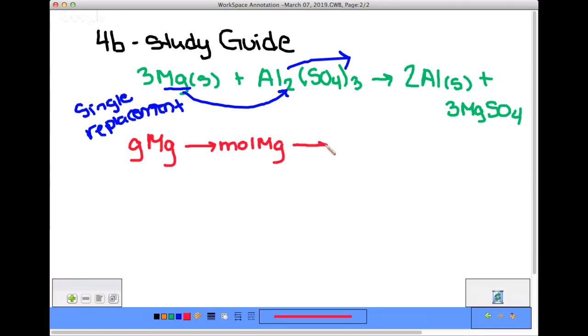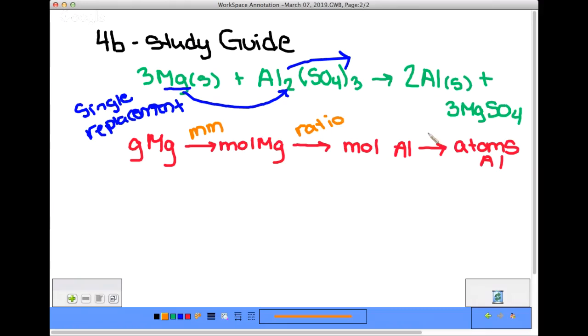Then we can find moles of aluminum, and once we find moles of aluminum, we can find atoms of aluminum. To do each step, this would be our molar mass, this would be our ratio of moles to moles, and this right here would be Avogadro's number. So we have our molar mass of magnesium, a ratio of magnesium to aluminum, and then we plug in Avogadro's number. Let's start plugging in some of this information.